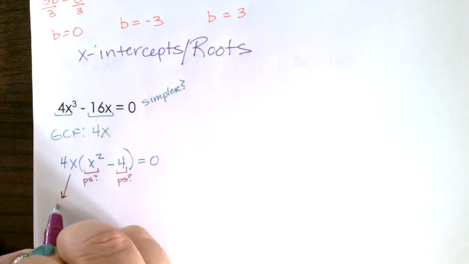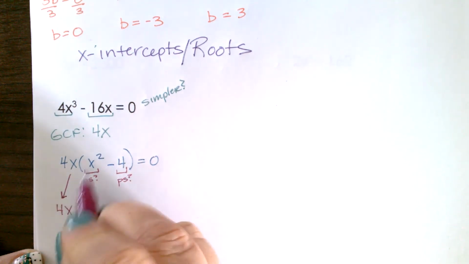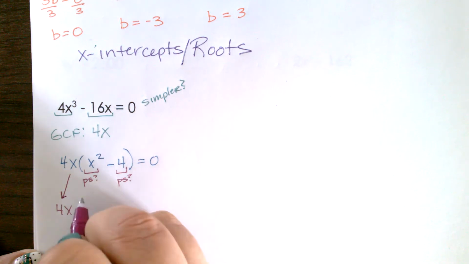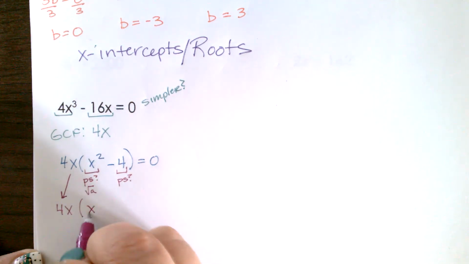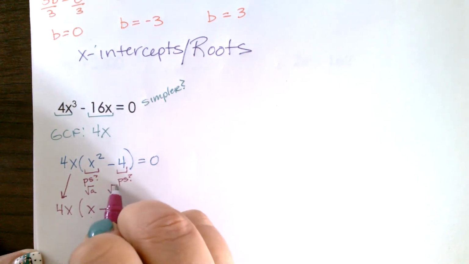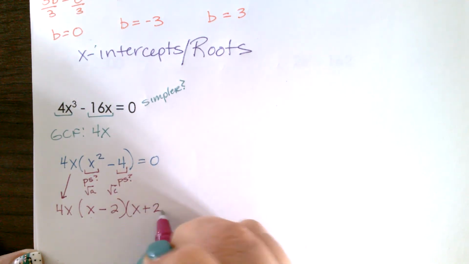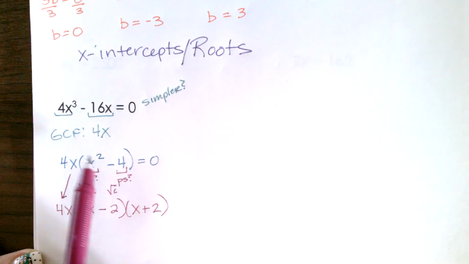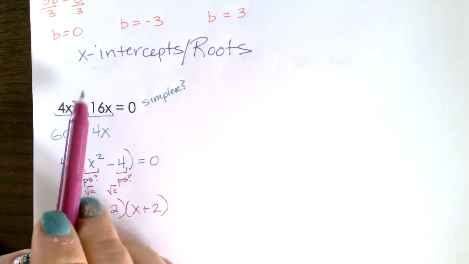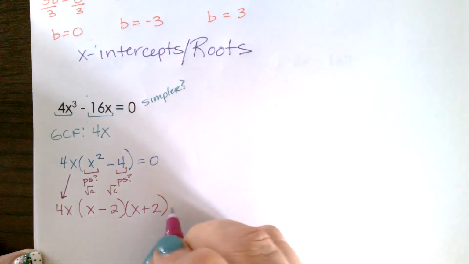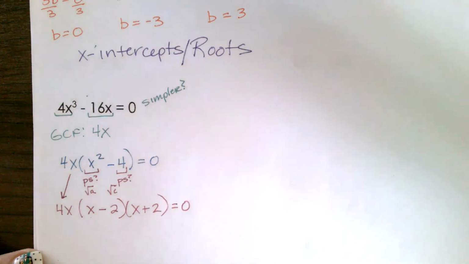Drop down our greatest common factor. Take the square root of the a term minus the square root of the c term. And we would have opposites so that I don't have a b term in the center. This is still equal to 0.